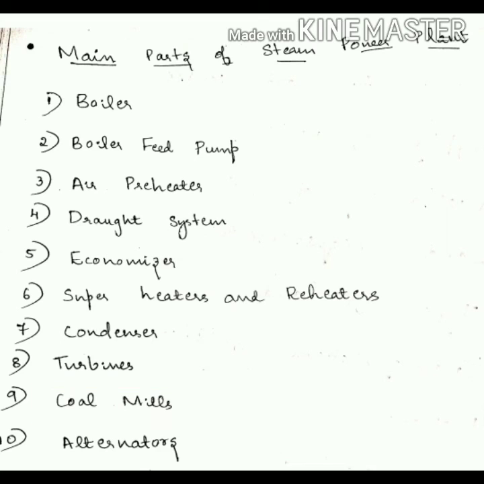And stoker is again used for feeding the fuel into the boiler and also admitting the air to the fuel for the proper combustion to take place. Okay, alternator, as we know, it is again converting the mechanical energy to the electrical energy.